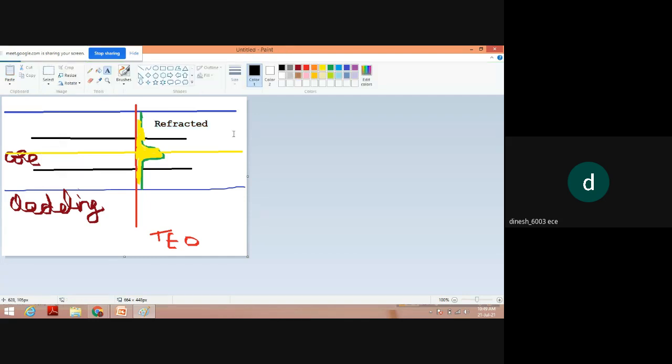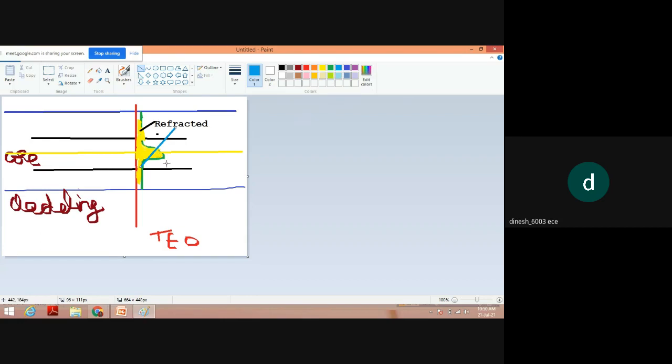So the wave gets refracted here. Refracted. So this also gets refracted. If it is reflected, the wave will pass in this way. Is it refracted?